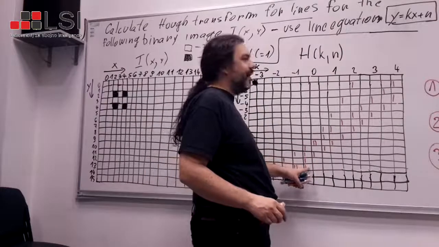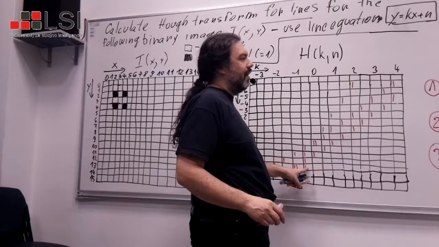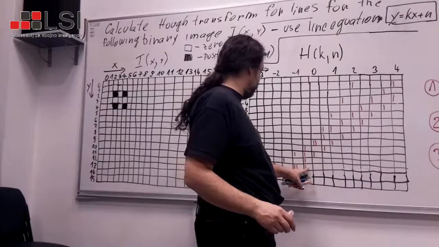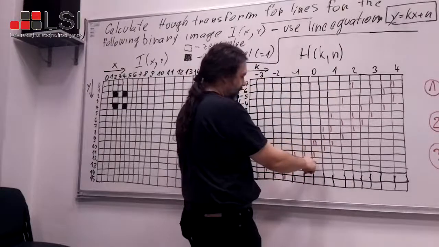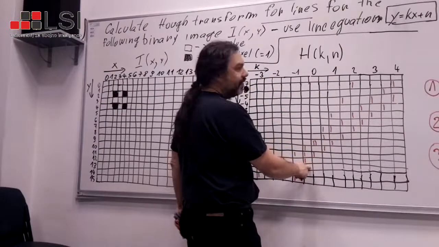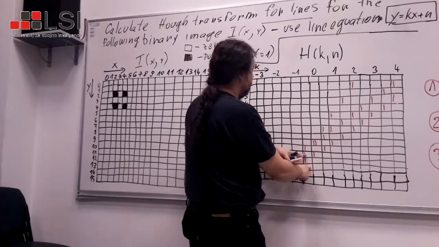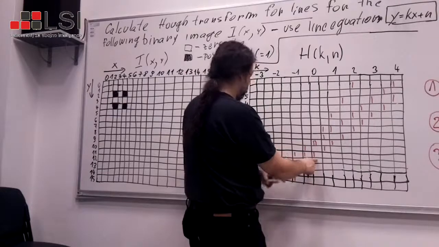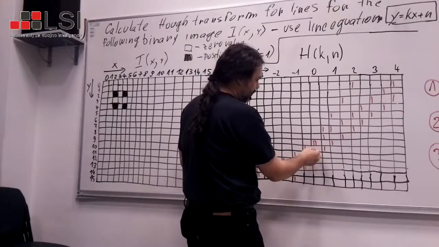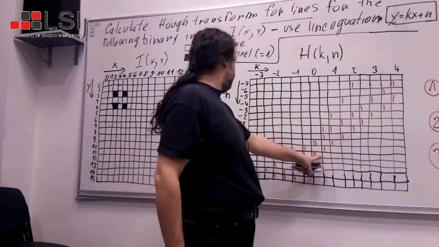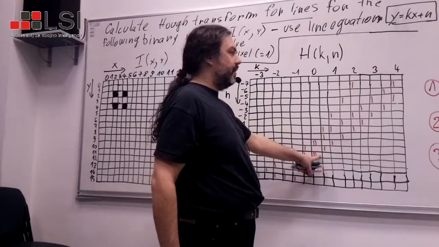And then at 0, this is this column. We should get 4, and 4 is this. Okay, this is 0, and 4. So another vote goes here. Another vote goes here.